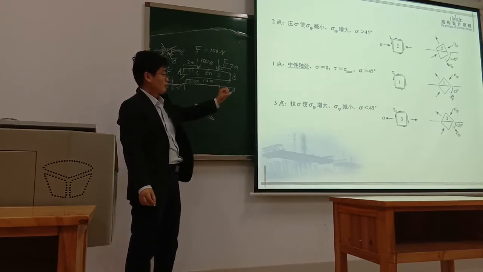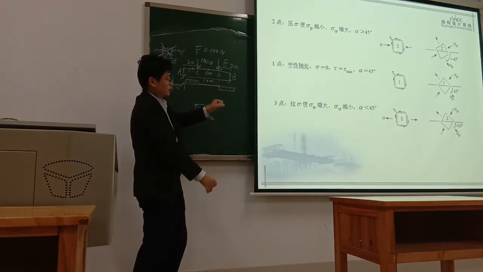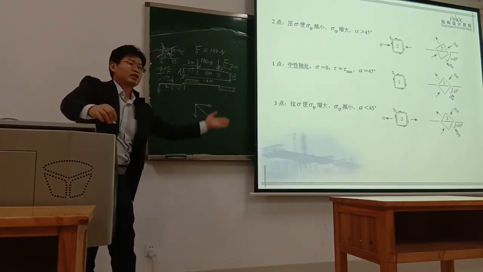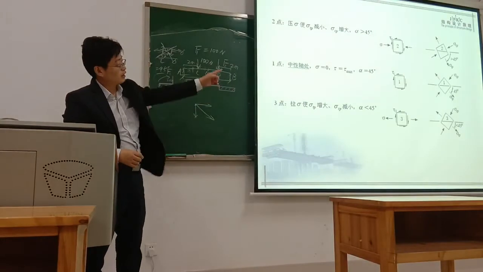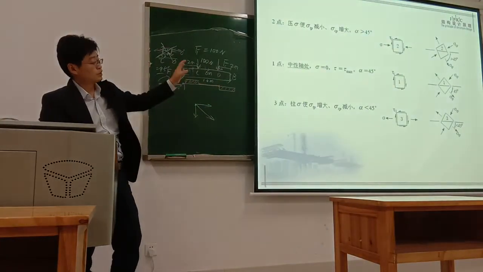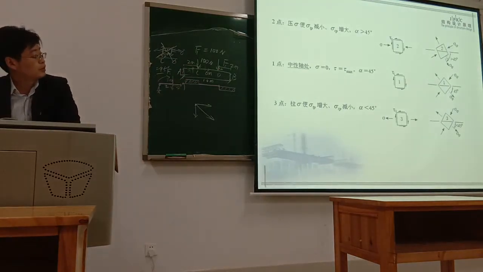See, you got one point, you pull this direction and pull this direction. The final action goes this way, just like this. So finally, the principal stress, principal tensile, principal compression force is in this 45 degrees.